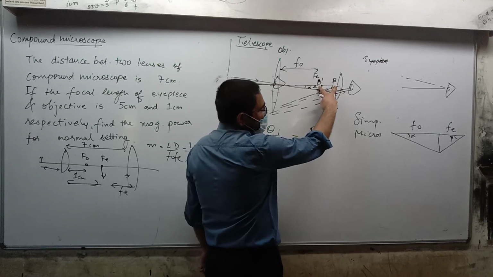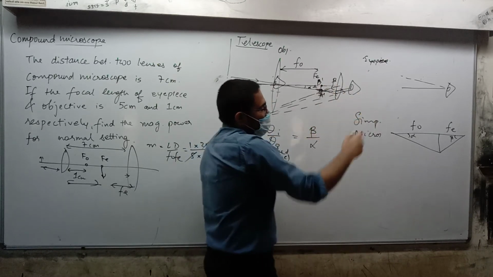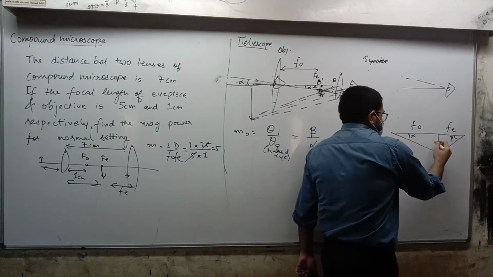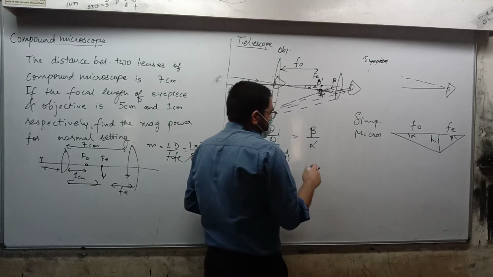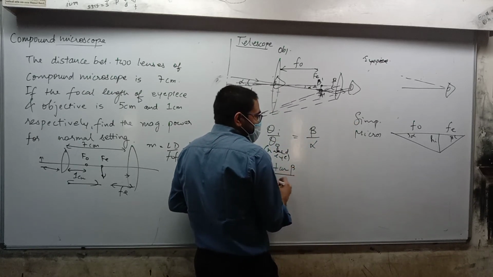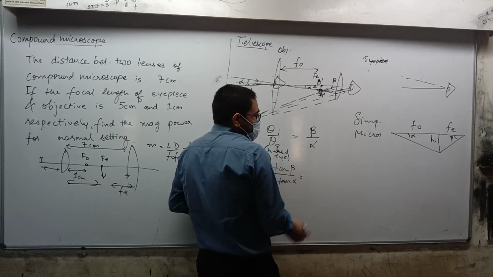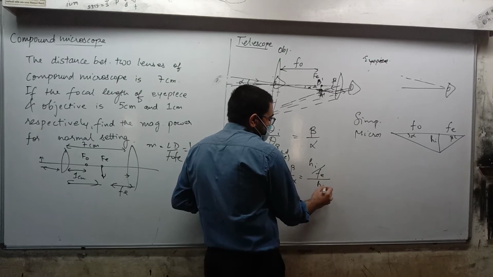This becomes the focal length. Of which? The eyepiece. Okay, so this height is common and suppose we take height h. So easily you can derive a relation that tan beta upon tan alpha is equal to h by Fe divided by h by Fo.